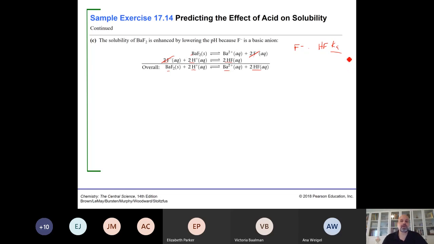If you have a Ka, then you know you have a weak acid, so then you have a basic anion. Whereas if, say, we had iodide, the conjugate acid is HI. And in this case, it doesn't have a Ka because this is a strong acid, so this is not going to be a base.